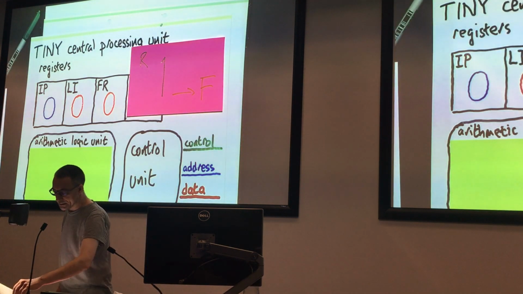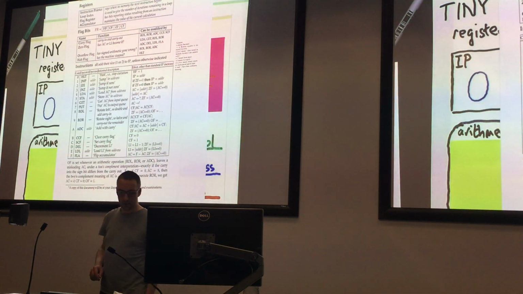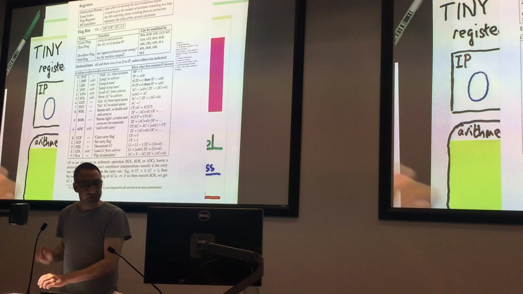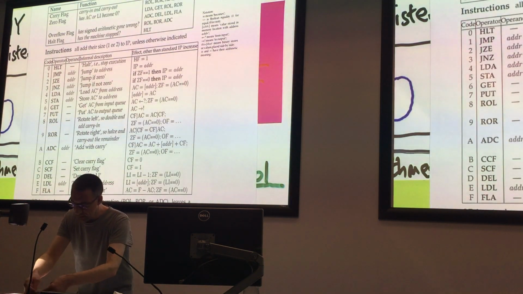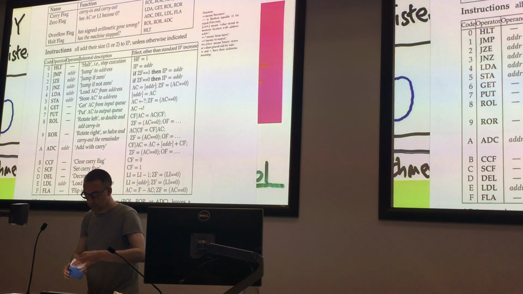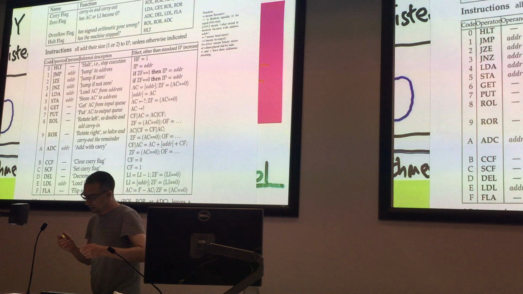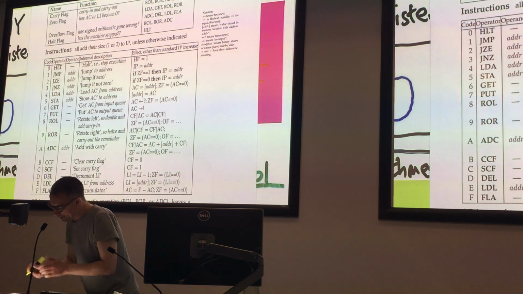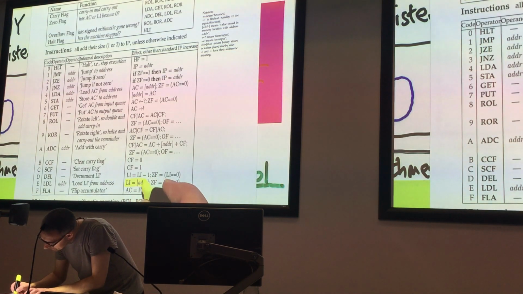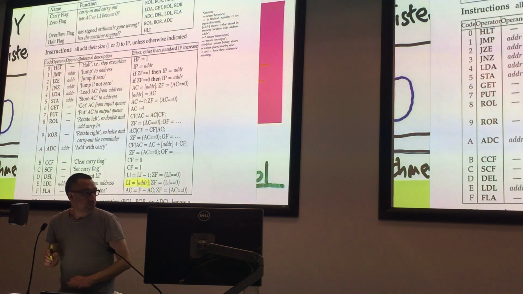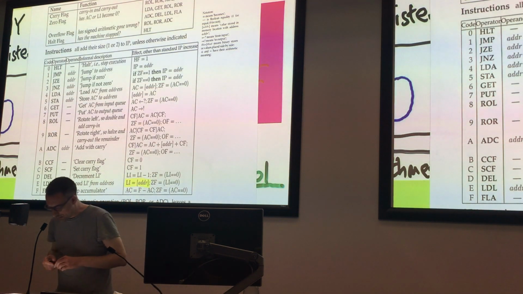Now we need to understand what to do. So, piece of notation for you. Let's just zoom in a bit. Let's learn what the effect of the instruction is. What is meant by this equation?